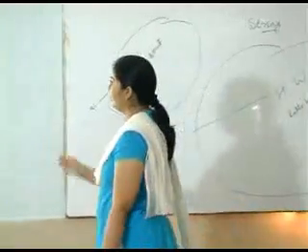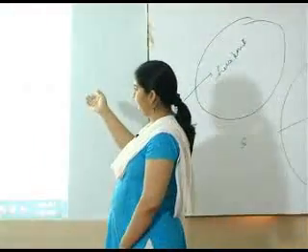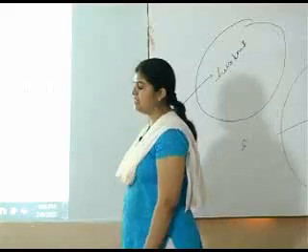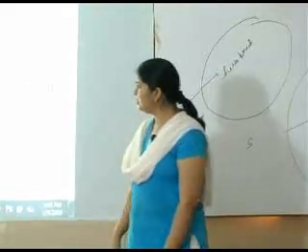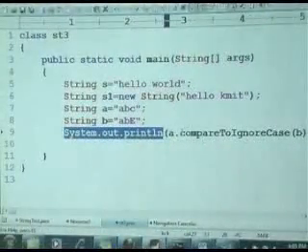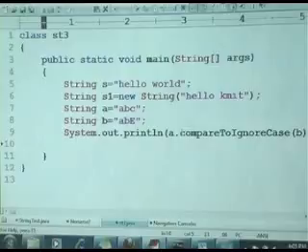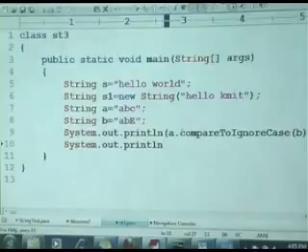Okay, so now the next thing, go after line number 9, type system.out.println. Yes. Okay, copy that on line number 10. Okay, and then type a.length.